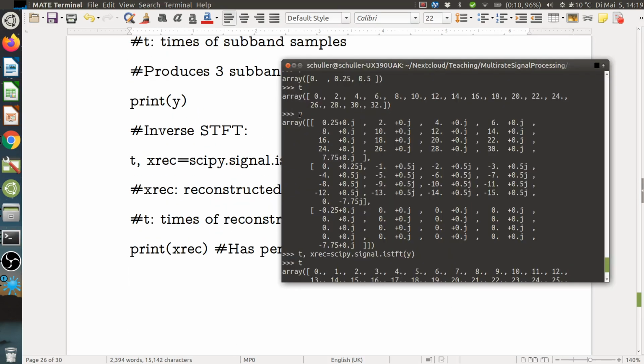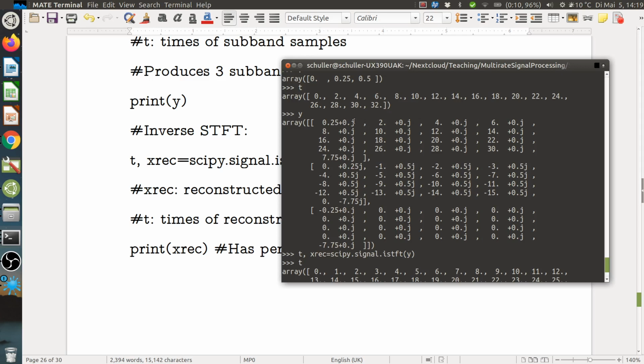So going back to the output y, we can see that we have 16 samples. That means that corresponds to our 16 time samples here. Here we can see we have steps of 2. So we get 16 time steps. That means each row here corresponds to a downsampled time series.